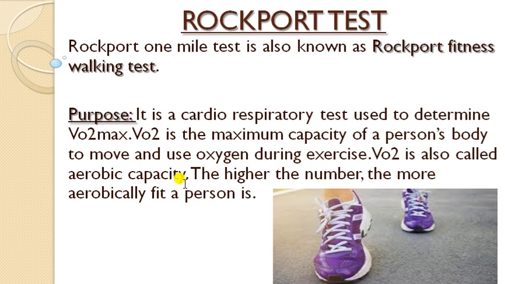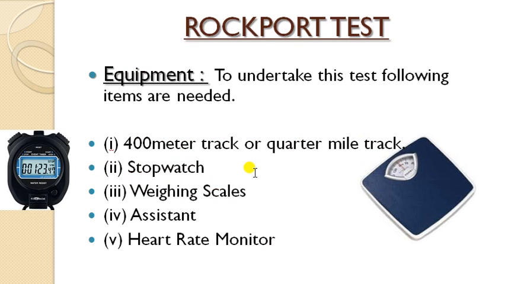Aerobic, as we discussed, refers to activities which we do in the presence of oxygen. The higher the number, the more aerobically fit a person is. It means if a person has a higher volume of oxygen, he is fit.